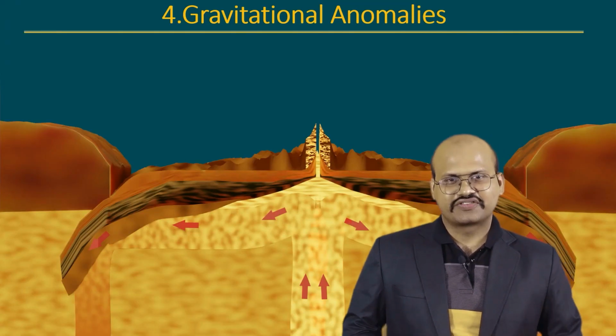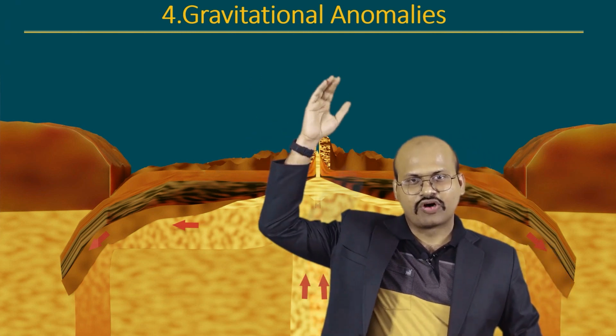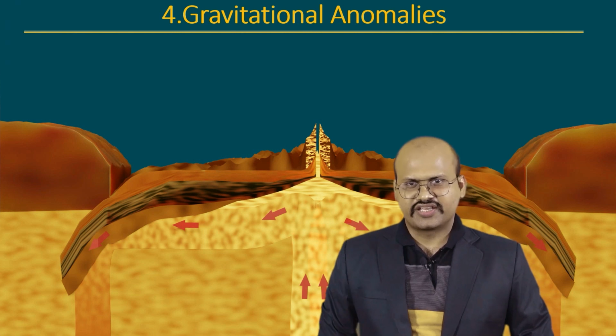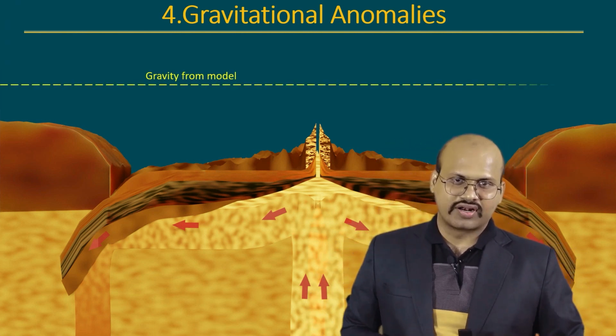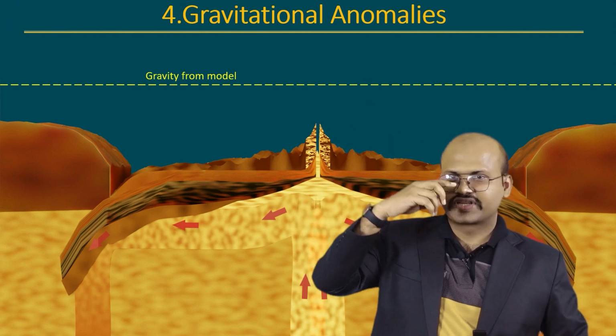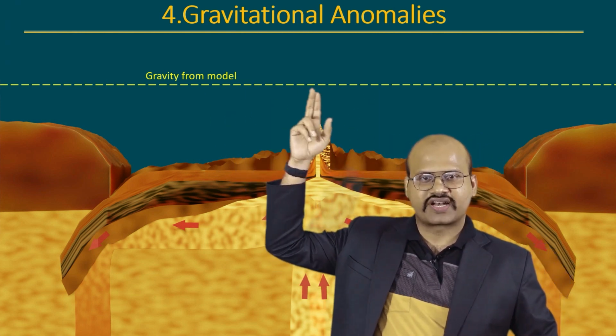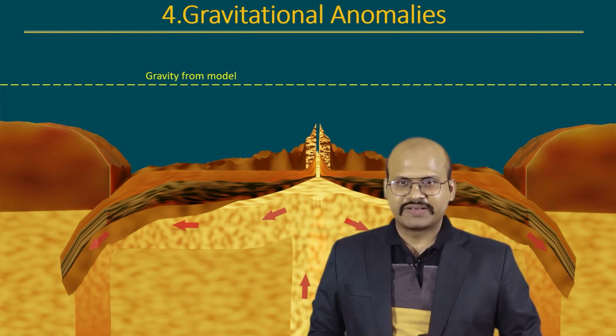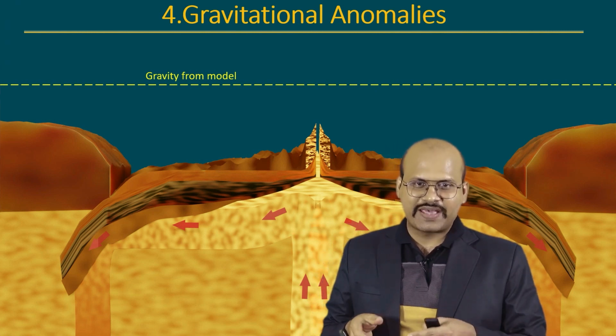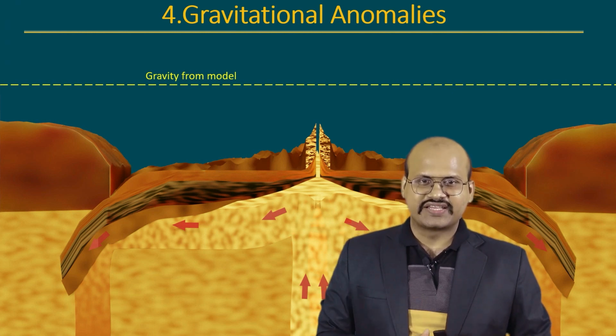Now, another evidence which was used to support seafloor spreading theory was the study of gravitational anomalies. In this study, what we do is that the gravity of an area is calculated by a model, and this yellow line you see gives the gravity from that model, which is a constant line. Now we know that gravity of any place depends on the amount or the type of material which lies beneath that area.